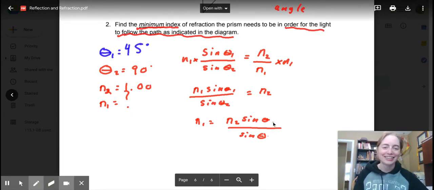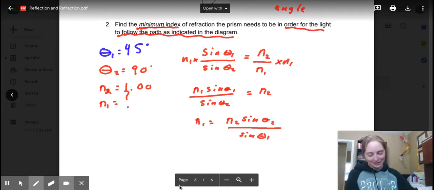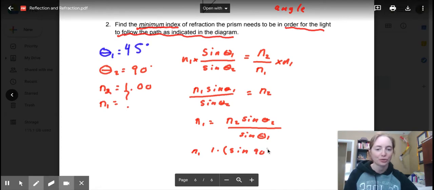Okay, so ladies and gentlemen, N1 equals N2 sine theta 2 divided by sine theta 1. All right. So, ladies and gentlemen, you're going to put your lovely numbers into your equation. And N2 is 1. And we're going to multiply that by our sine, and theta 2 is 90 degrees.